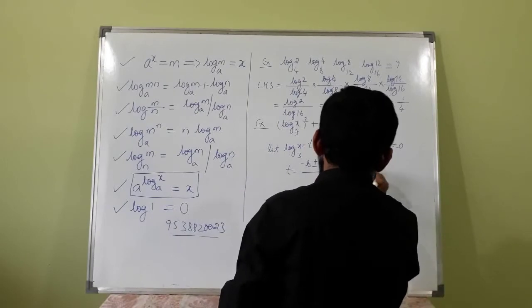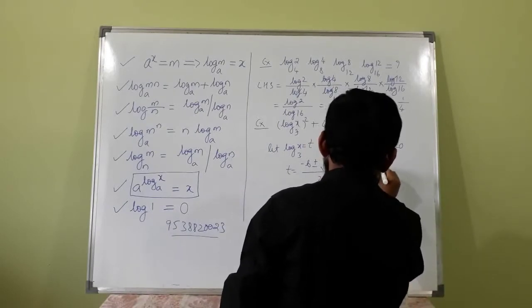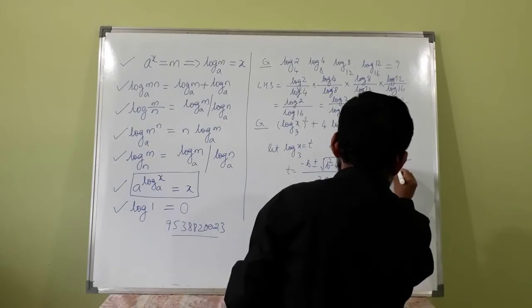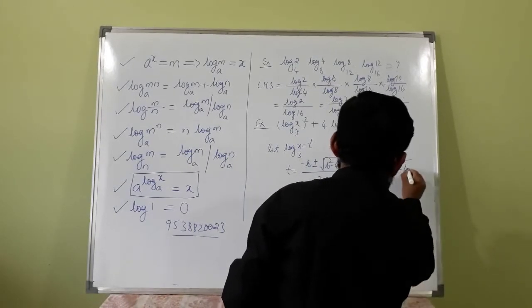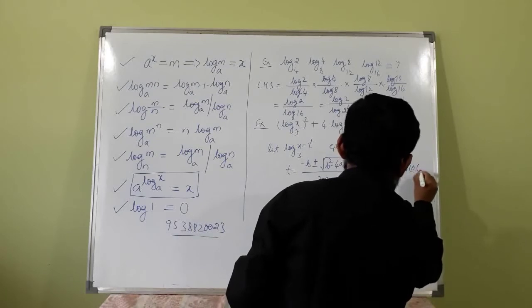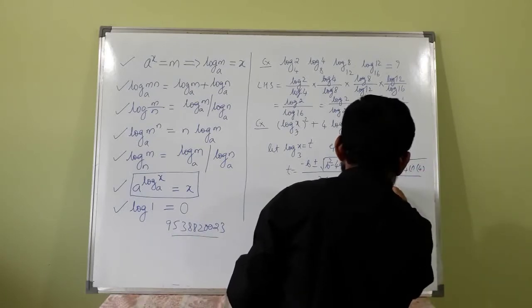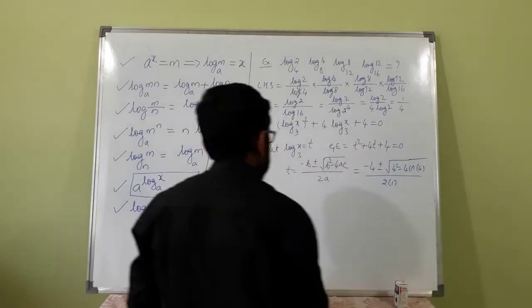So this is equal to minus 4 plus or minus square root of 4 squared minus 4 into 1 into 4, divided by 2 into 1.